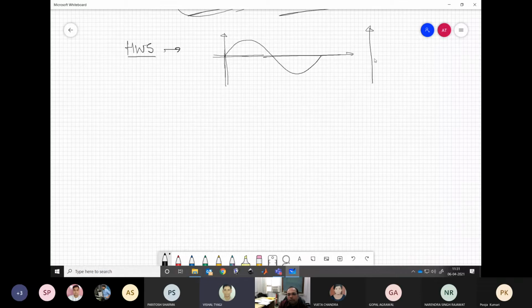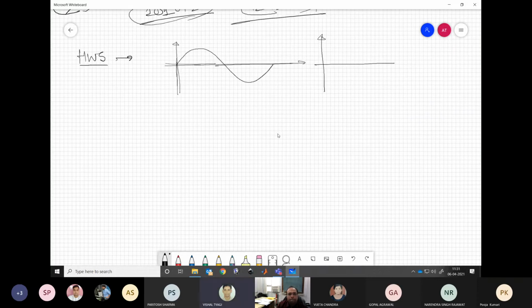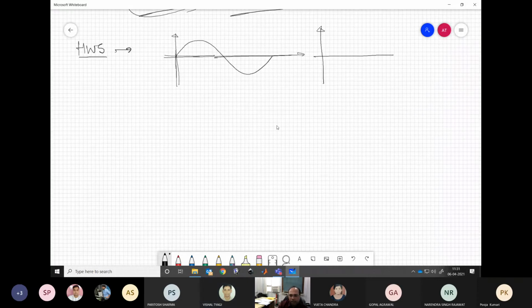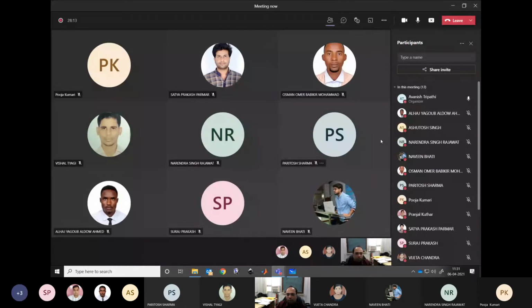What should we have? F of theta should be equal to minus of F of pi plus theta.